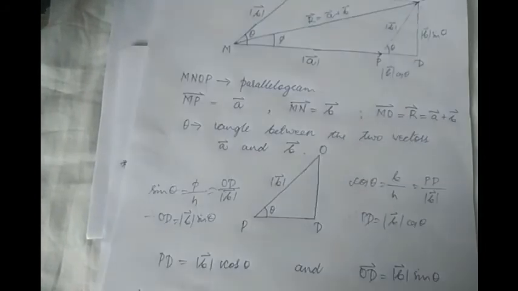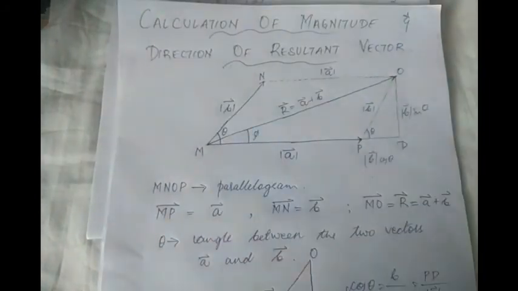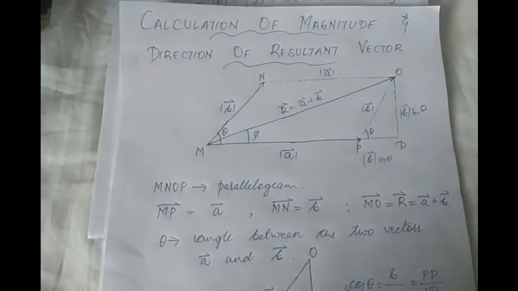Now one thing I want you to remember: this derivation, the construction part and all these details, the Pythagoras theorem and so on, you will not be asked in the exam, remember. This is only for your understanding, of how we land up at the eventual equation to calculate the magnitude of the resultant.